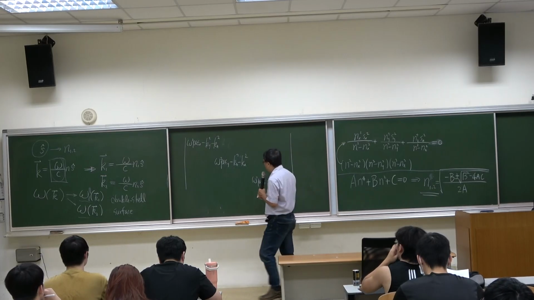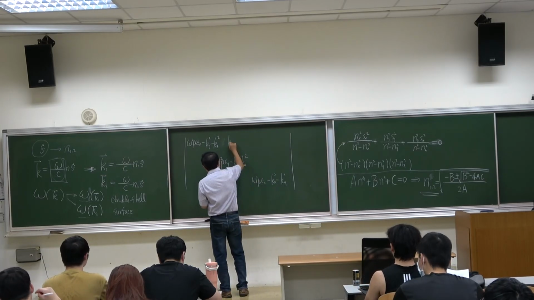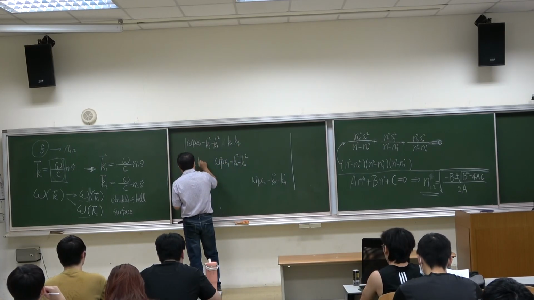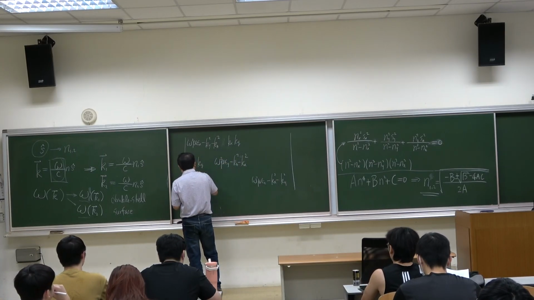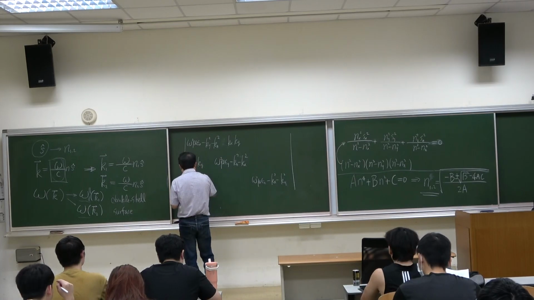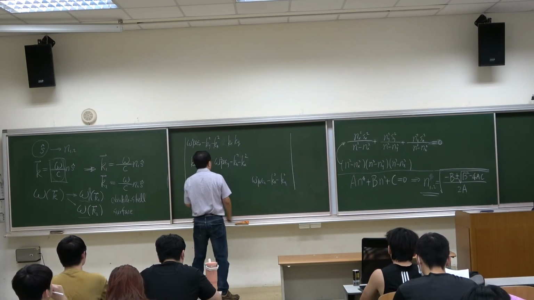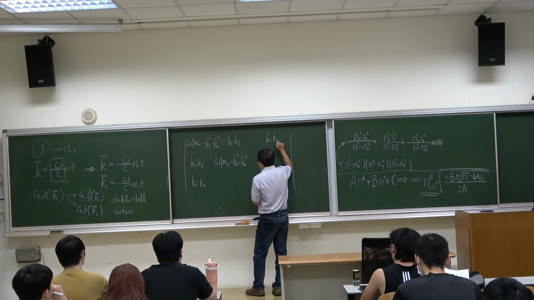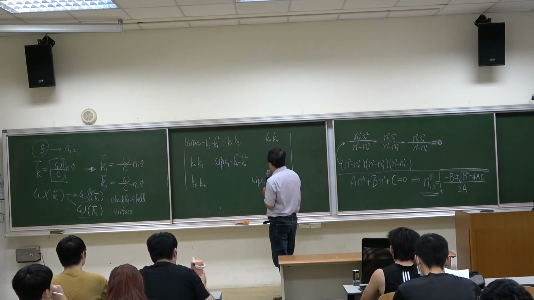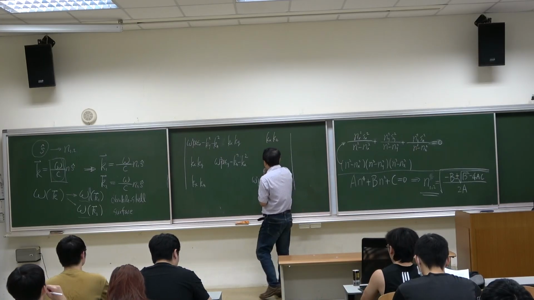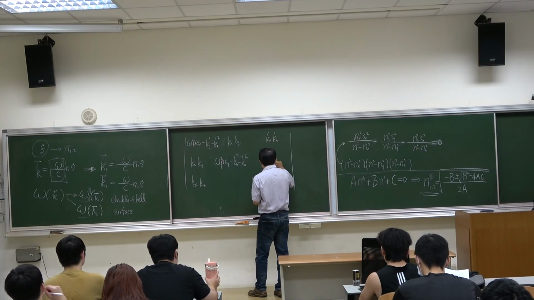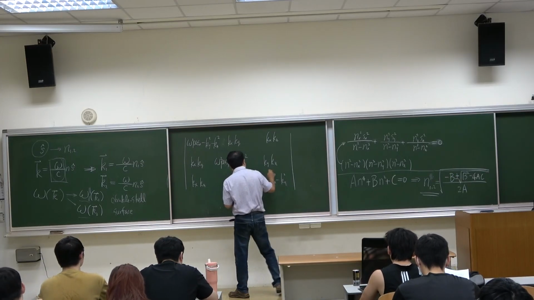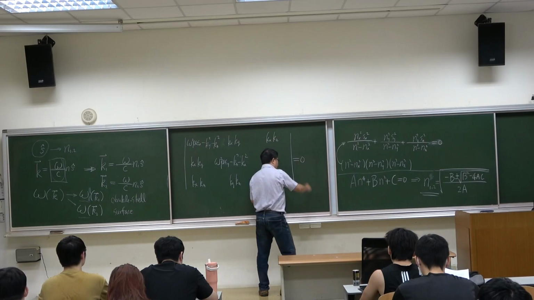And here we have kx ky, kx kz, ky kz as the off-diagonal terms, and the determinant is equal to 0.